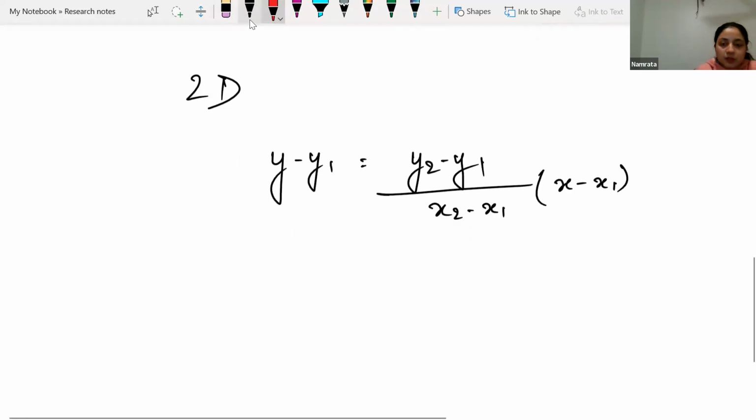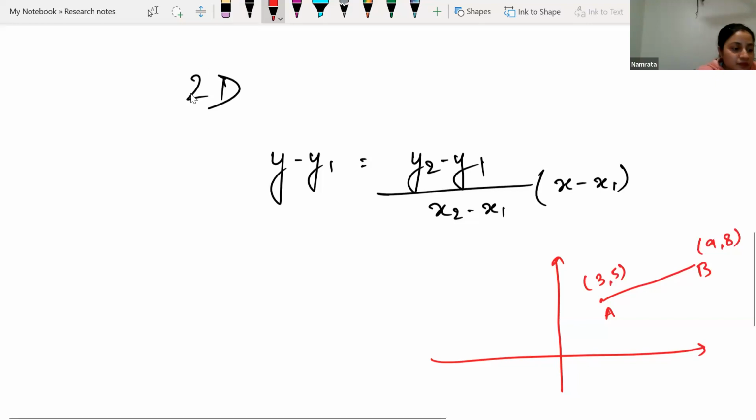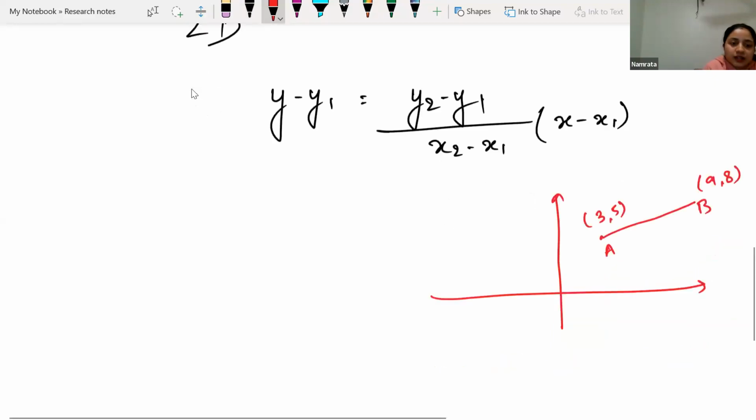Now in 3D geometry, we will be writing the equation of a line like this. Suppose there is a point A, there is a point B, and if the coordinate of point A is 3, 5, the coordinate of point B is 9, 8, then we can write the equation of a line in Cartesian form.